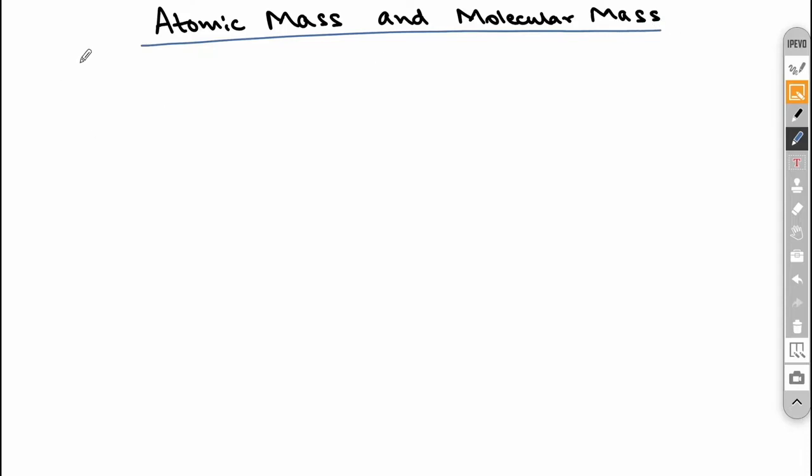So atomic mass and molecular mass: it is mass of one atom and one molecule in AMU, in atomic mass unit.